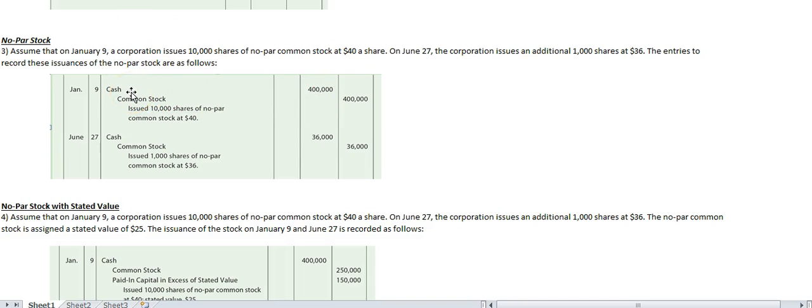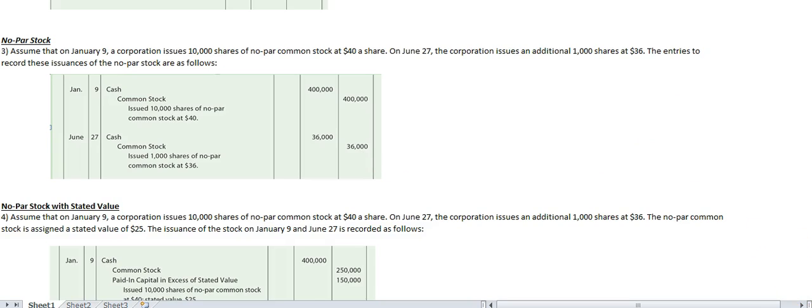That's what the company will receive in cash, and they will credit the common stock account for $400,000. There will be no paid in capital in excess of par for this type of transaction. Same here. Even though the amount was different, $4 less, we are not going to have any paid in capital in excess. We simply book the $36,000 cash and common stock for $36,000.